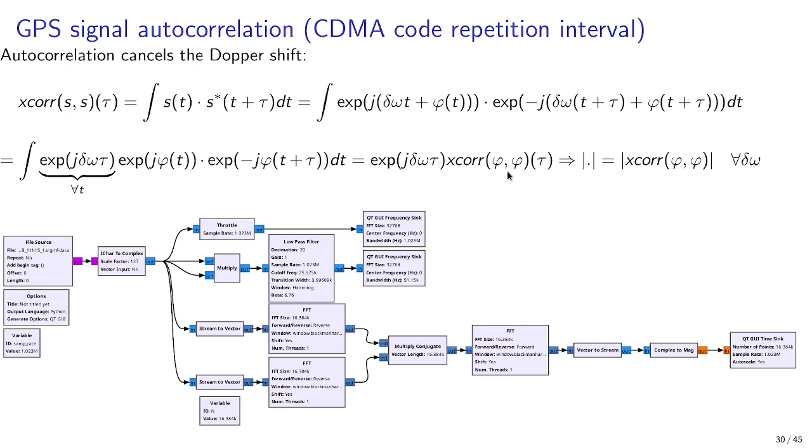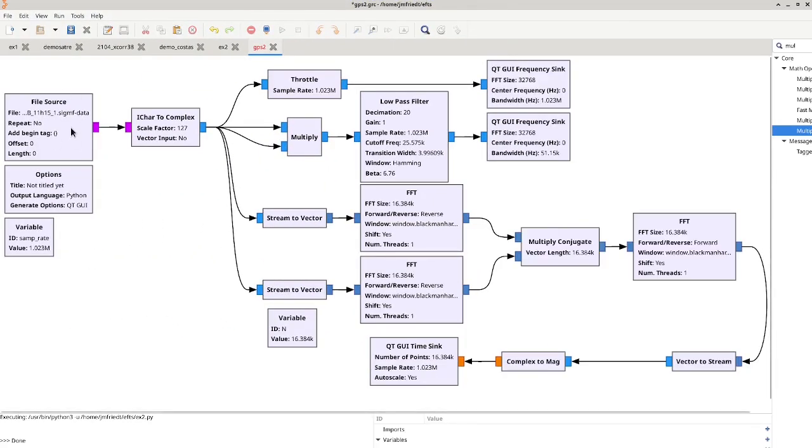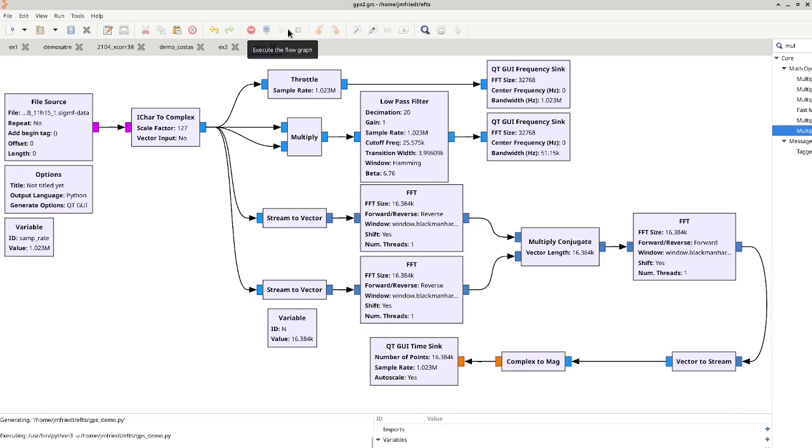If we expand our previous flowchart with the modification for implementing this algorithm, we have the file source converted to a complex quantity. Prior to this analysis, we did the squaring, and now we can actually have the autocorrelation by taking a Fourier transform, multiplying by the conjugate, and taking an inverse Fourier transform to display on the time sink the time evolution.